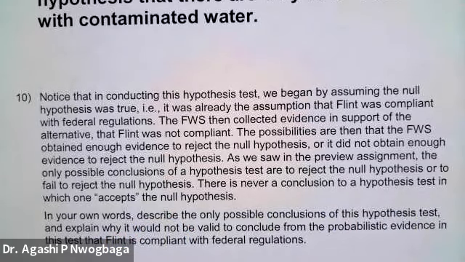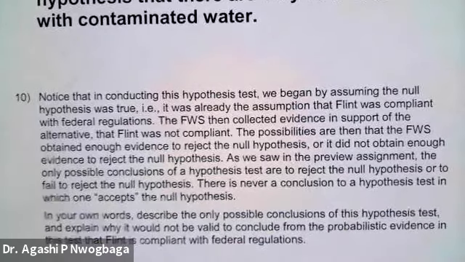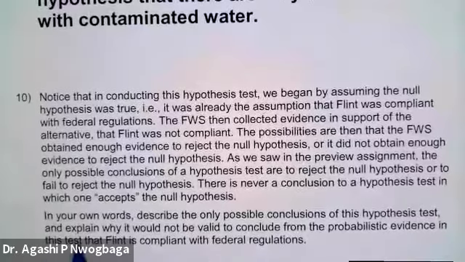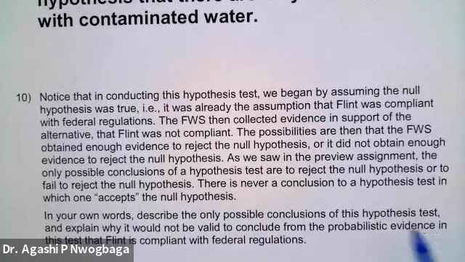In your own words, describe the only possible conclusions of this hypothesis test and explain why it would not be valid to conclude from the probabilistic evidence in this test that Flint is compliant with federal regulations.